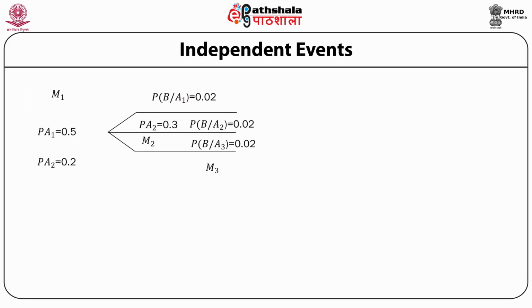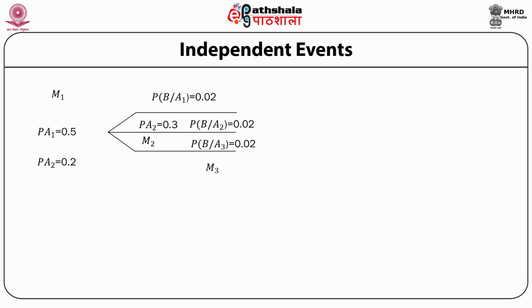So for M1, probability of A1 is 0.5 and probability of B given A1 is 0.02. So the joint probability of A1 and B is 0.01. Multiply 0.5 by 0.02, that is probability of A1 multiplied by probability of B given A1. Similarly, probability of A2 is given and probability of B given A2 is given, and both are multiplied.